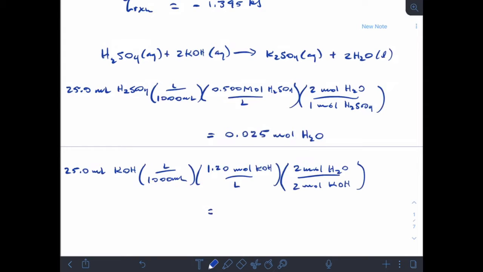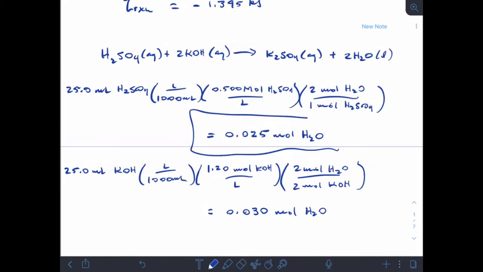And we'll find that the potassium hydroxide gives us a quantity of water slightly more. So remember, the limiting reactant is the one that gives us the least product and tells us the theoretical yield.